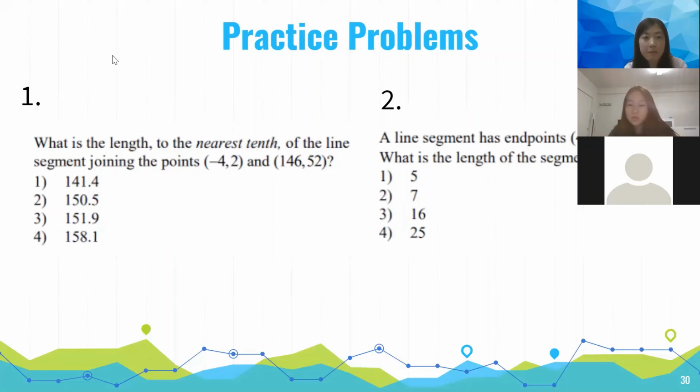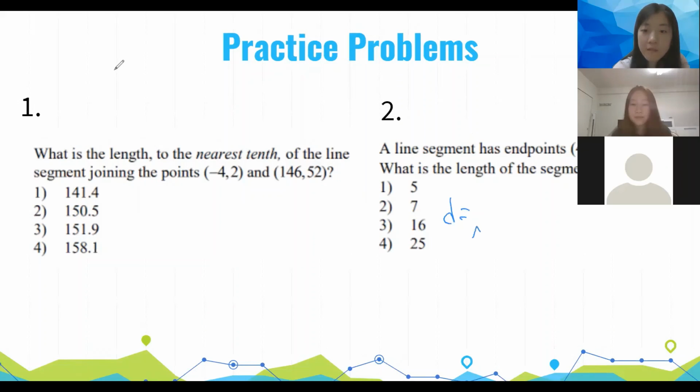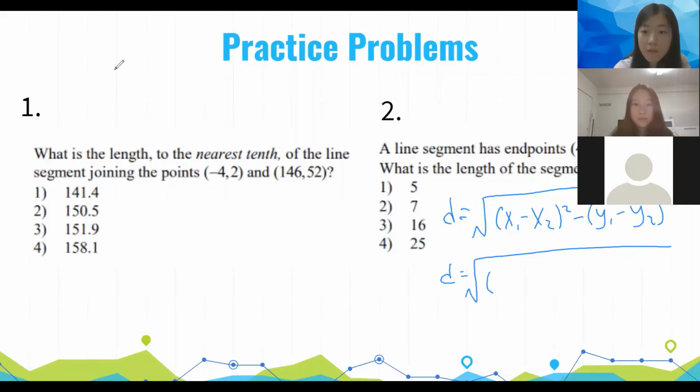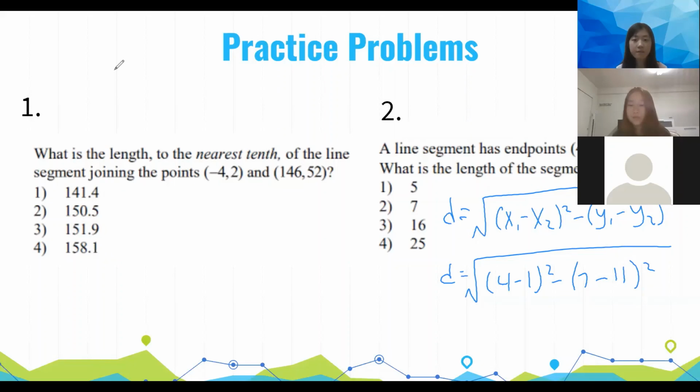So for this one, you do the same thing. You plug the coordinates into the equation. So we plug it into a calculator and then we get our answer, right?